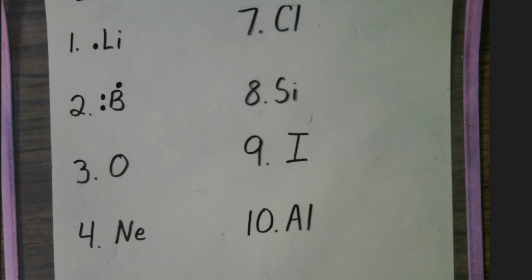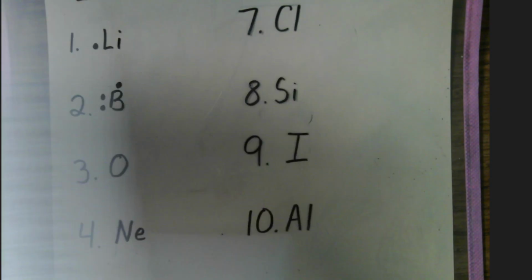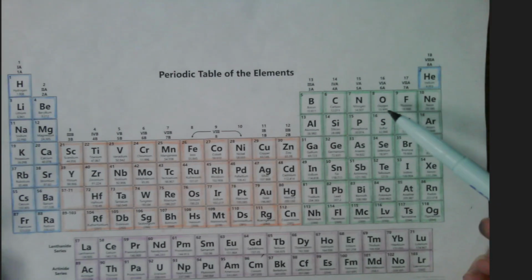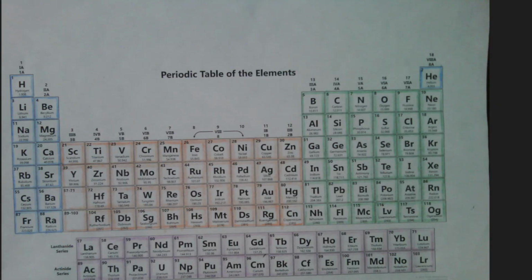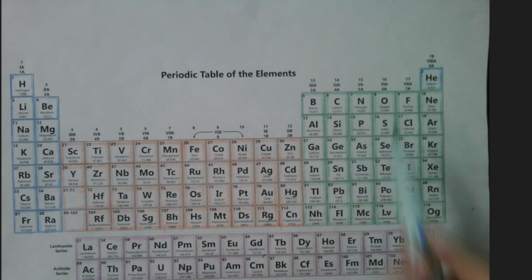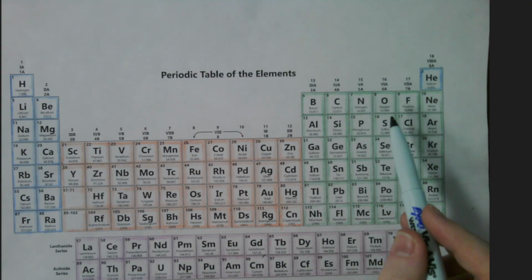This next one, oxygen. We're going to look here at our periodic table. Oxygen has 8 electrons, but we're more focused on the valence electrons. I don't know if you can see it, but this is in row 6A or 16. It's going to have 6 valence electrons.